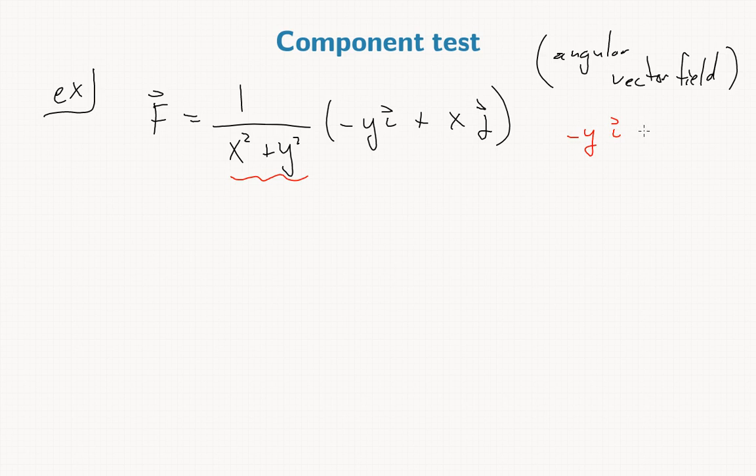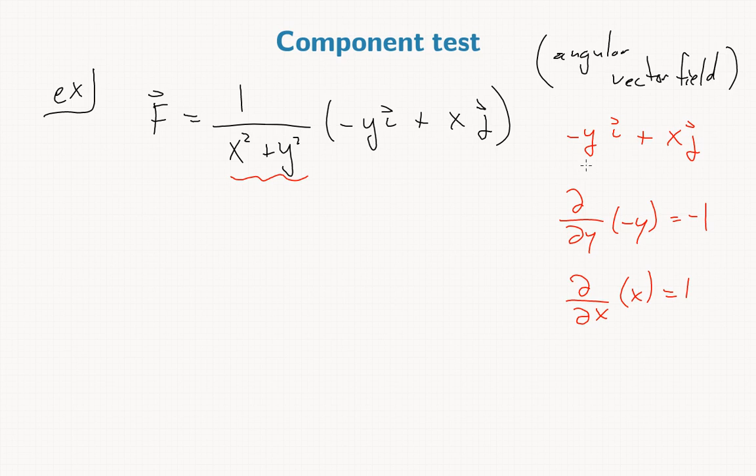If we took negative y i plus x j but didn't divide by x squared plus y squared, then del by del y of negative y is negative 1, del by del x of x is 1.